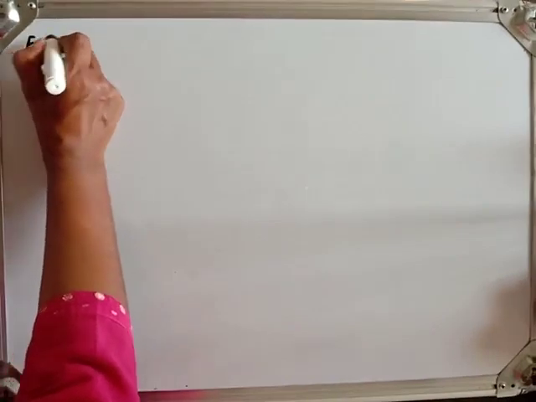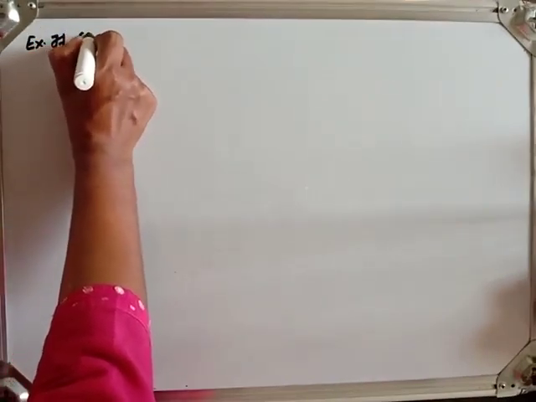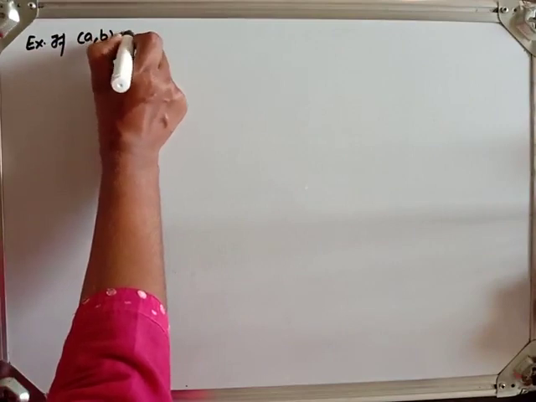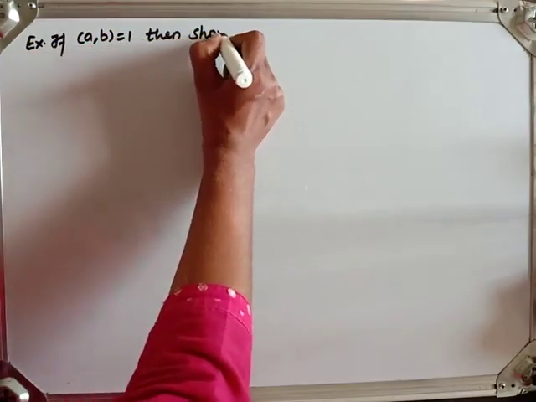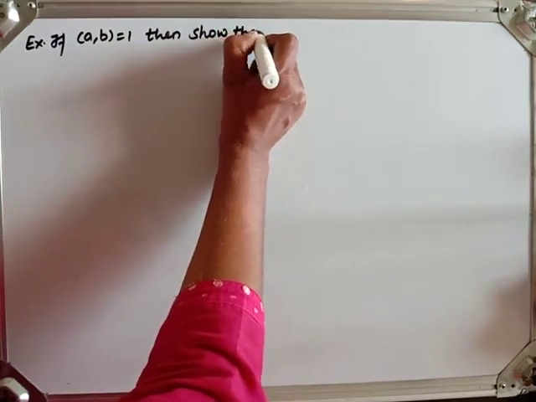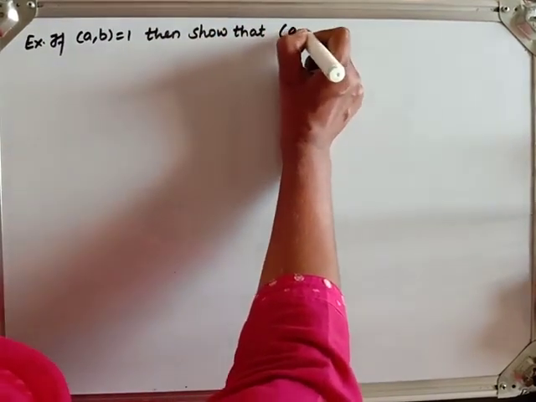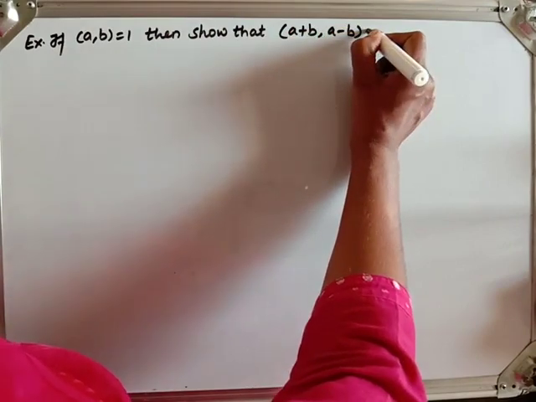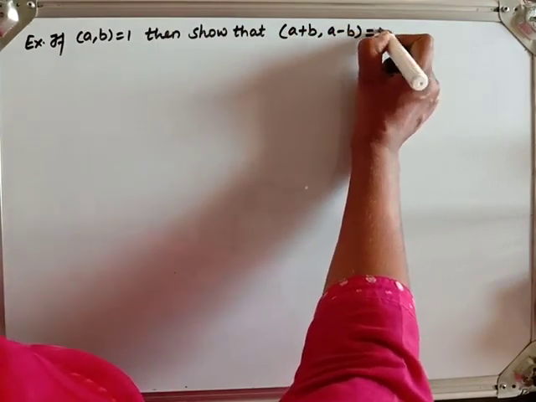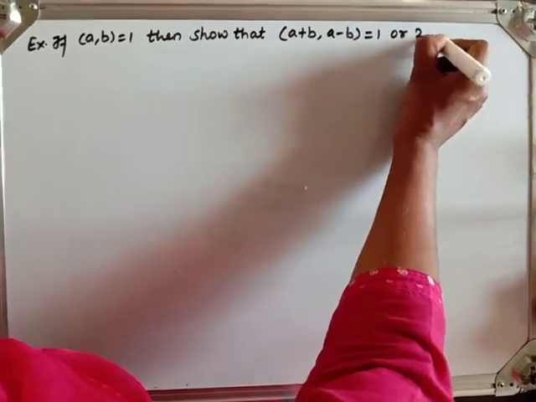Now, the next example is that if GCD of a and b is 1, then show that GCD of a plus b and a minus b is 1 or 2.